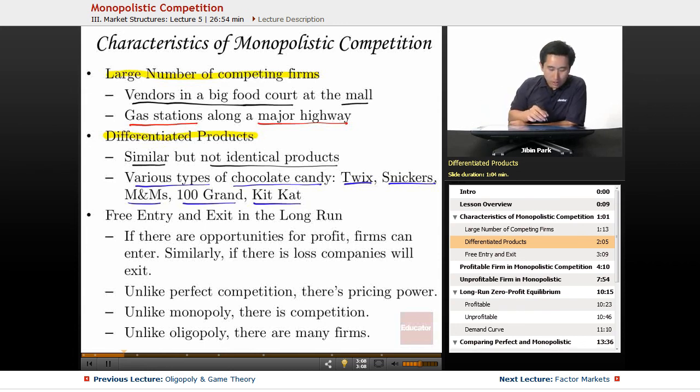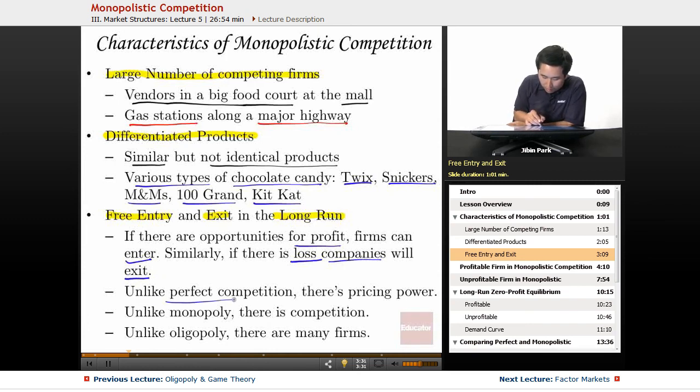And the third characteristic of monopolistic competition would be free entry and exit in the long run. Basically, this is saying that if there's profit, firms are going to come in, and if there's loss, they leave. So if there are opportunities for profit, firms can enter. Similarly, if there is loss, companies will exit. So unlike perfect competition, there's pricing power. If you're monopolistically competitive, you can actually control some price.